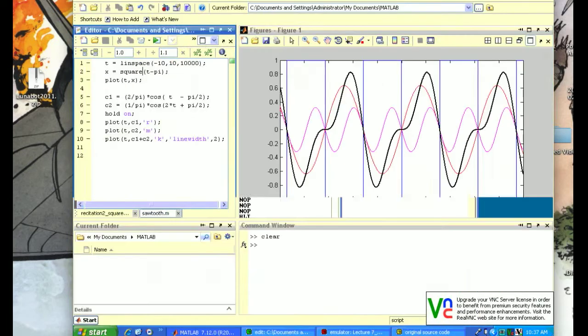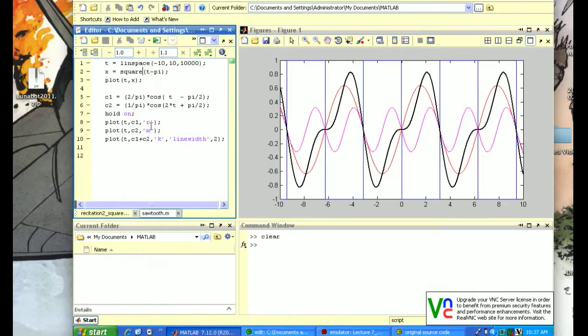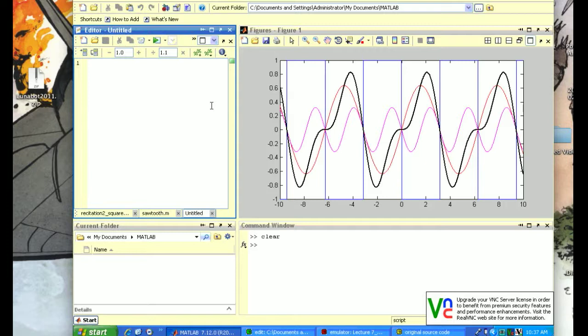Okay. Just as a sanity check, let's go back to our original code. If I change this to 10, what's going to happen? It's going to look a lot worse. And it does.